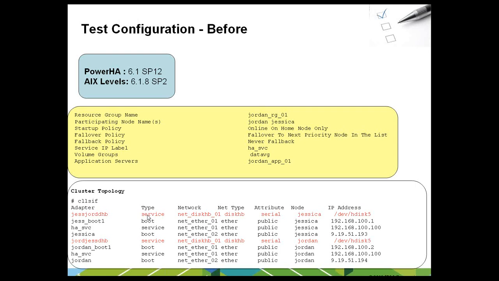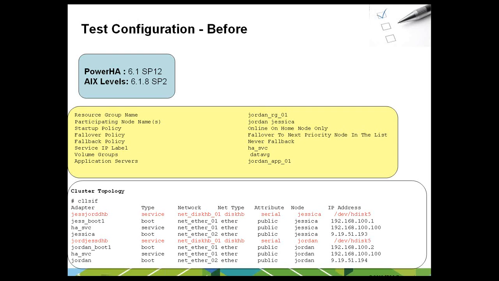Disk heartbeat network itself in that form is no longer supported in version 7.1. The cluster repository disk actually serves a similar function. So what we're going to see after the upgrade is that the disk heartbeat network will automatically be removed for us. Actually, CL MIG check will tell us that it's a warning.